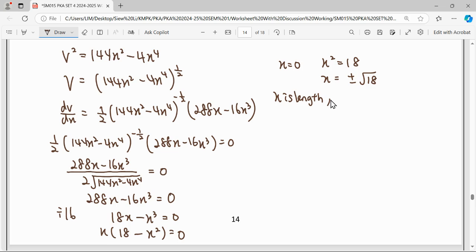When negative, it is not possible. So only the critical x we can focus here will be square root 18. This one the positive length. Faham ke? Dia ada 3 critical number dia, tapi tak sesuai lah untuk yang negatif dengan yang kosong. So yang itu semua kena reject sebab x is a length. So we only focus on the critical number which is positive.